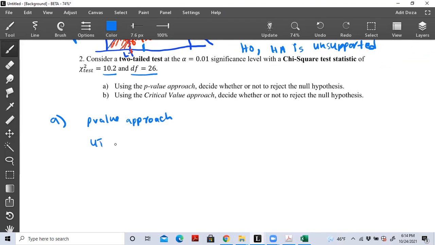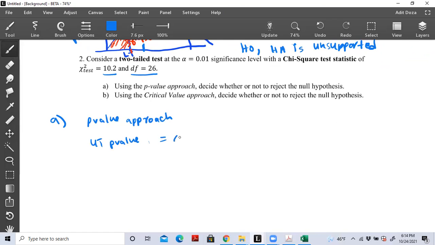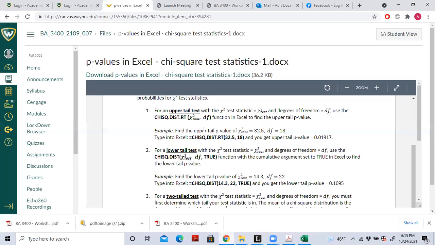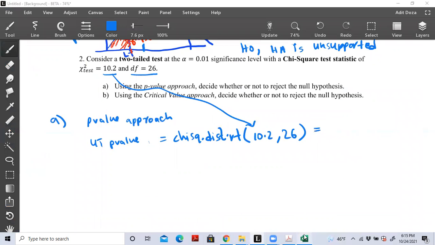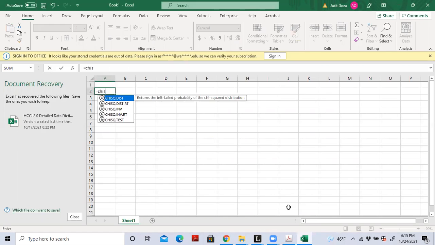The upper tail p-value would be CHISQ.DIST.RT. Then you write the chi-square value, which is 10.2, and degree of freedom is 26. You don't have to write true for calculating the upper tail. So let's write it down, CHISQ.DIST.RT, because it's upper tail.